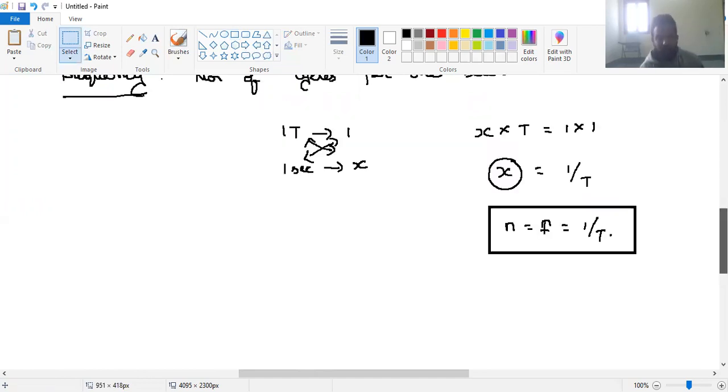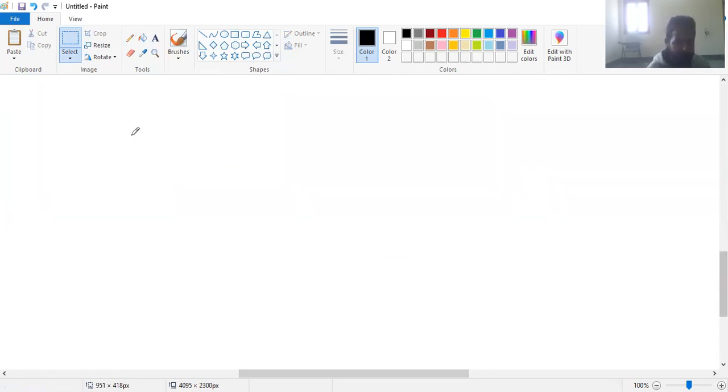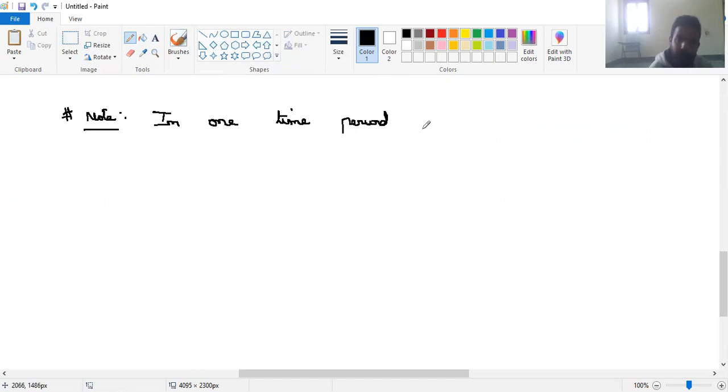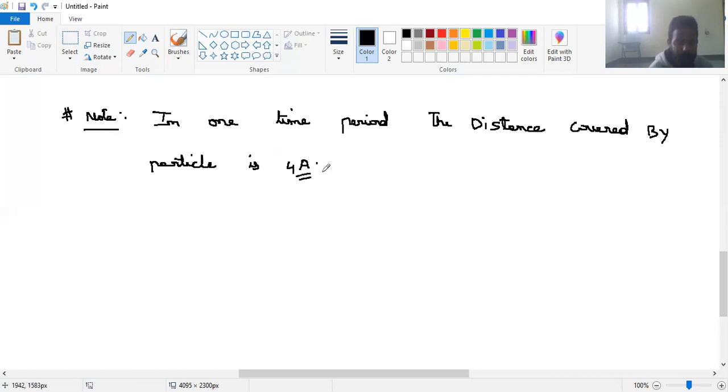The most important thing is, note, in one time period the distance covered by the particle is 4A, 4 times the amplitude.